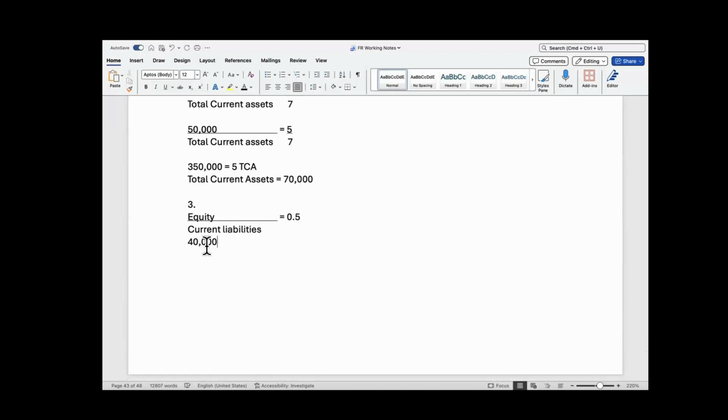So 40,000 all upon current liabilities equals 50%. If I cross multiply, 40,000 equals 0.5 current liabilities, so current liabilities equal 40,000 divided by 0.5.